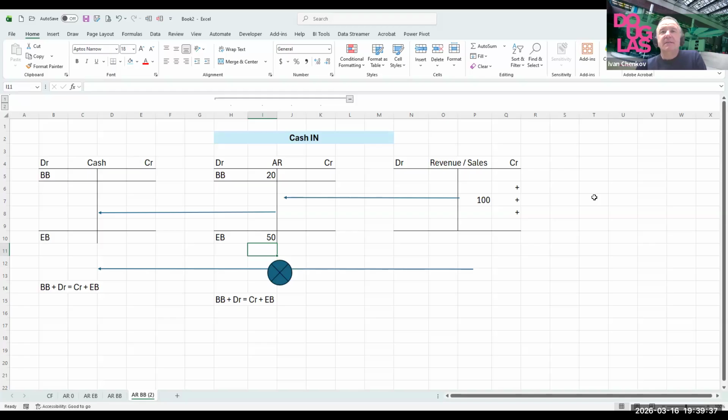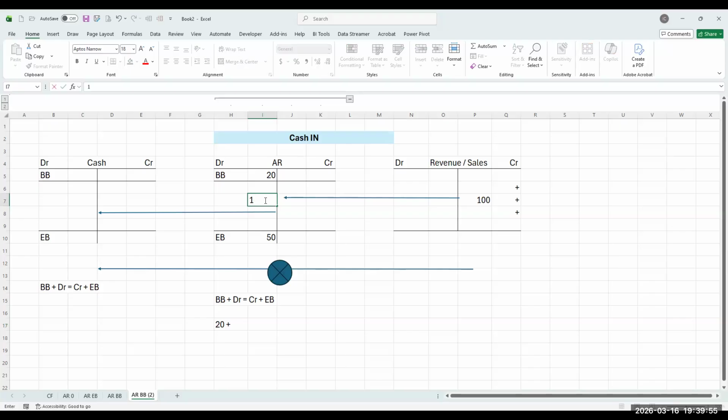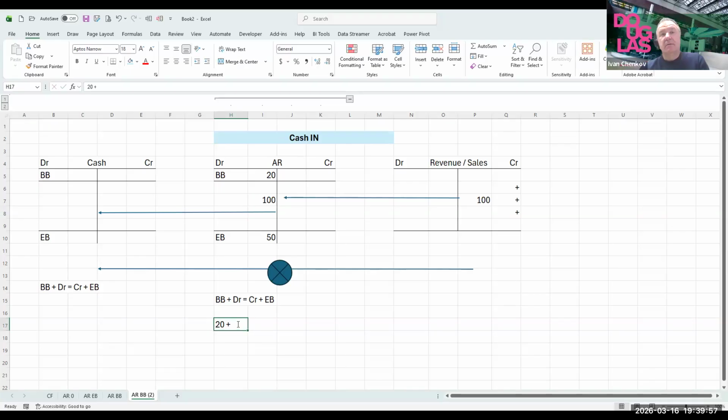Can everybody see the $70 that we collected? Let's apply the formula. My beginning balance is 20, correct? My sales are, how much are my sales? 100. No questions about it. Debit in accounts receivables are my sales, 100.